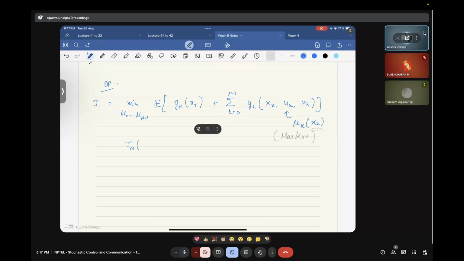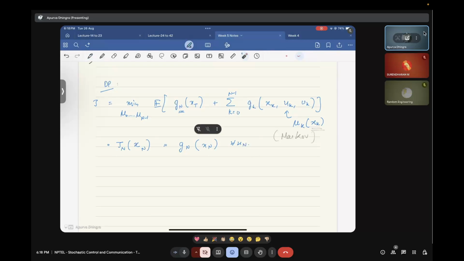So we start with the last state, which is the nth time step state. So whatever states are available at that point, so x of n, we take the value of this guy, and for this we just take whatever is there for all xn. So this is the step number one. This is looking at the terminal state. Whatever is happening in the terminal state, that becomes the value function at that stage.